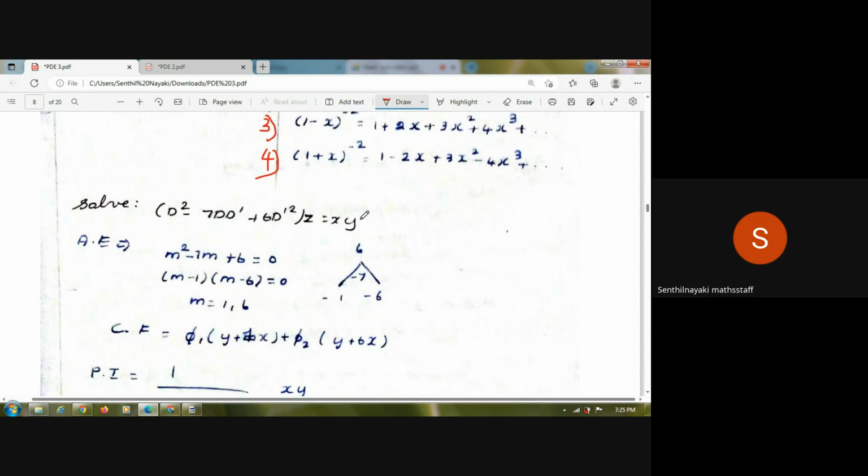CF is common for all types; PI will vary. So for finding CF, we have to replace d by m and d dash by 1. Then m square minus 7m plus 6 equals 0. After finding the roots, 1 comma 6, the CF can be written.